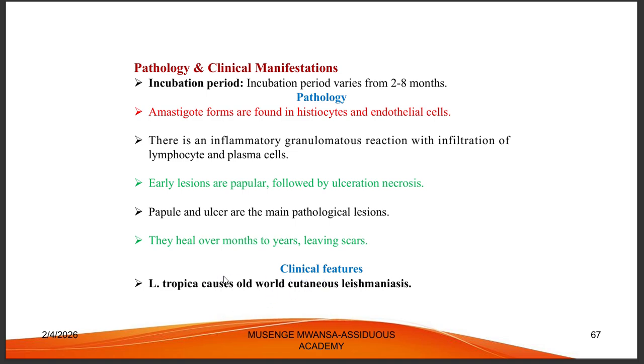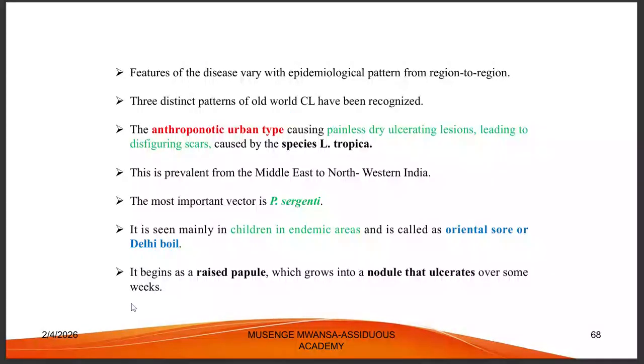So the clinical features of Leishmania tropica. I've already talked about which species of the sandfly can transmit this Leishmania tropica. The most important one is Phlebotomus sergenti. You need to know that one.